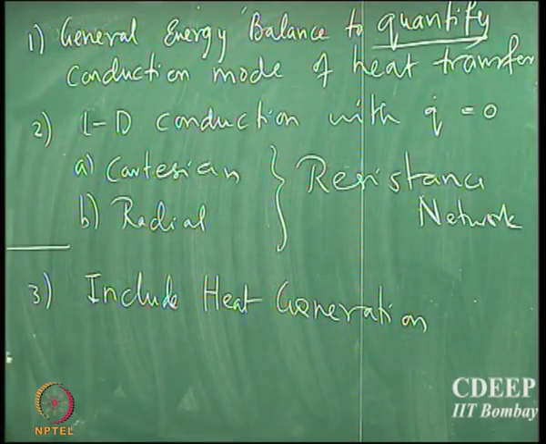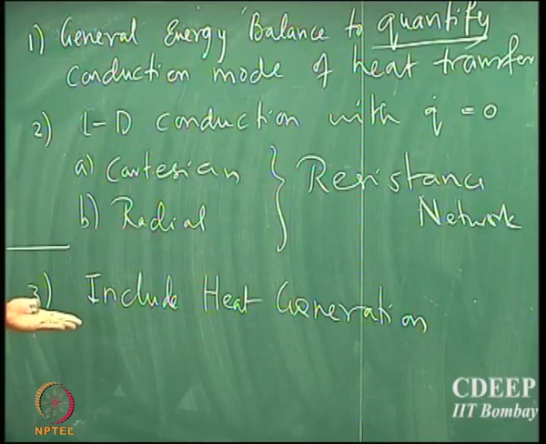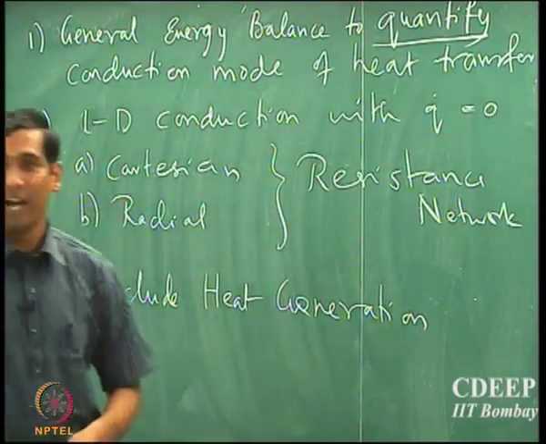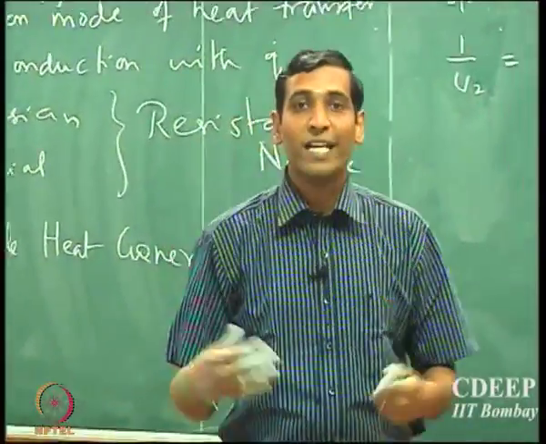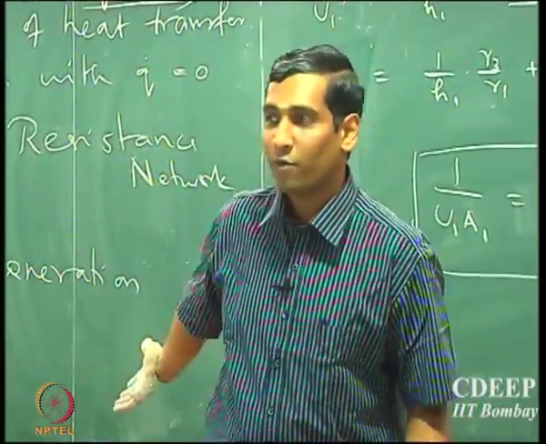So what we are going to see now in the next 5 minutes and in the next lecture, which starts 10 minutes from now, is what happens when you include heat generation also. We so far assumed that heat generation is 0. What happens if we include that, and how would the analysis we have done so far look slightly different from what we saw so far.